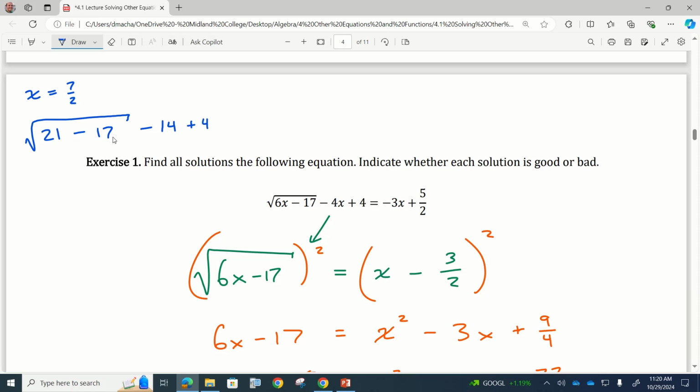So I've got 2 minus 14 plus 4, which is, I think, negative 8 on the left side. And on the right side, we've got negative 3 times 7 over 2, which is negative 21 over 2, plus 5 over 2. Negative 21 plus 5 is negative 16 over 2, which is negative 8. And so this is actually a good solution.